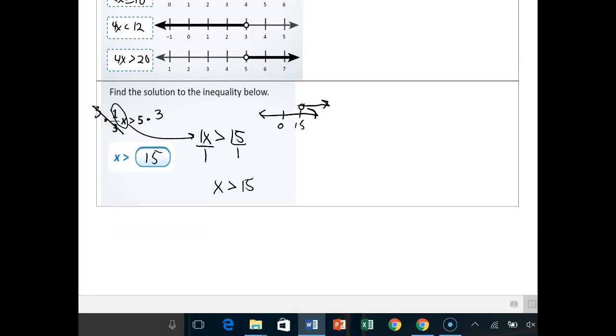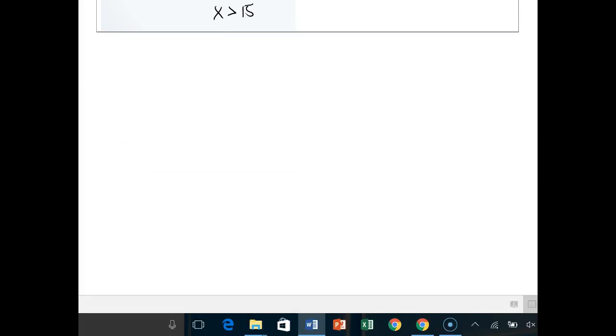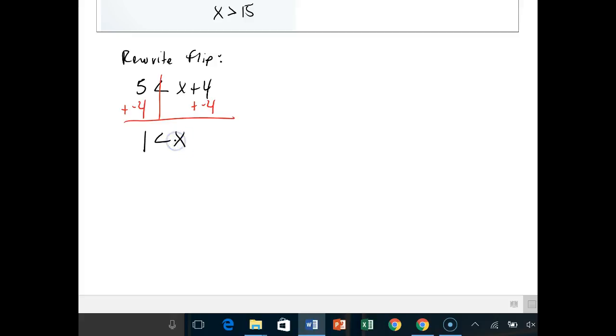Now, I want to teach you something that is on your homework. So yesterday we were talking about a rewrite flip. That was when the variable was on the right-hand side. So if I had something written like 5 is less than x plus 4, right? I would solve this, and I'd say, okay, plus negative 4, and I would get my answer of 1 is less than x, right?